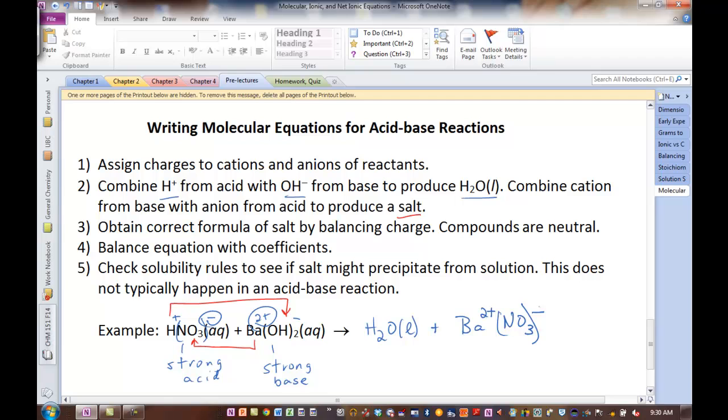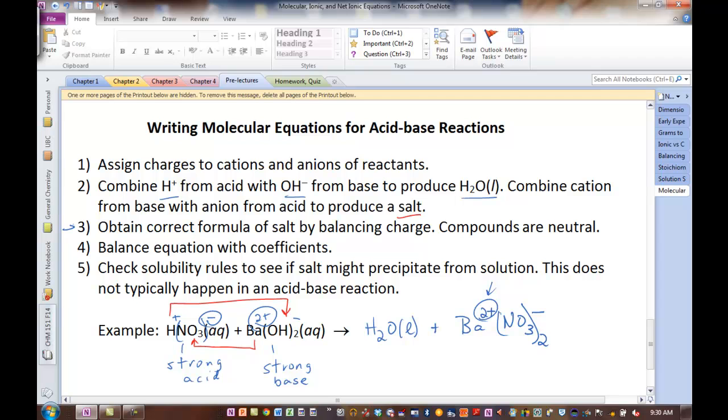The nitrogen and the 3 oxygens together have a -1 charge. Barium is 2+. We're going to need 2 nitrates to balance that +2 charge of barium. 2 times -1 to balance that +2. All right. So we've combined H+ from the acid with hydroxide from the base to produce water. We then combine the cation with the anion to produce the salt.